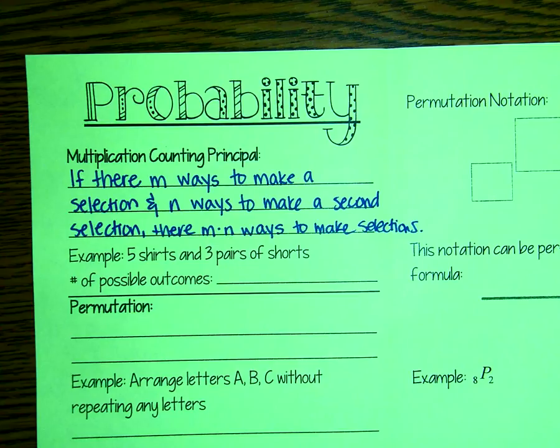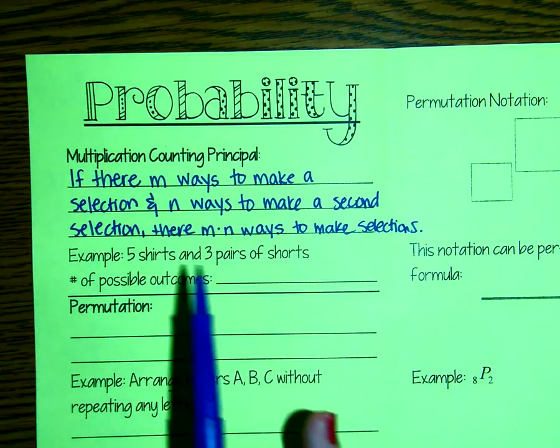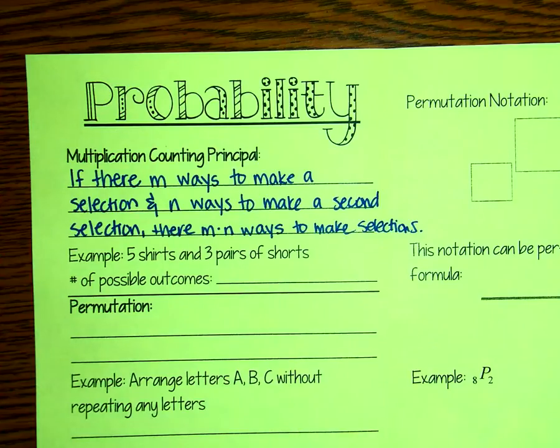If there are m ways to make a selection and n ways to make a second selection, then there are m times n ways to make the selections. For example, if I have 5 shirts and 3 pairs of shorts, I have 2 different selections that I'm trying to make: shirts and shorts.